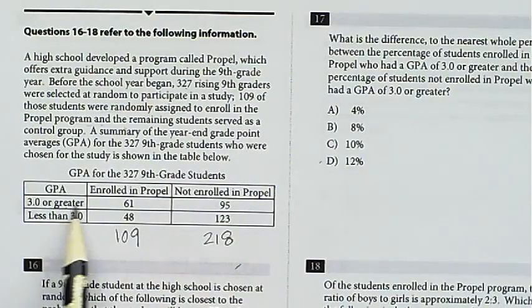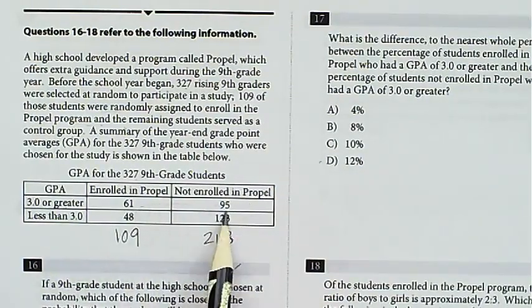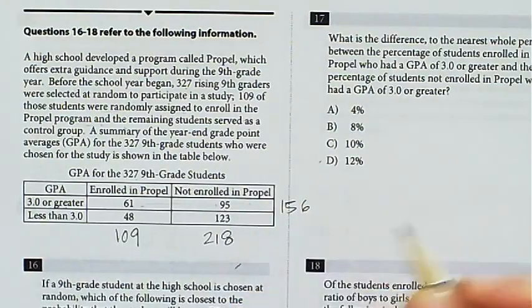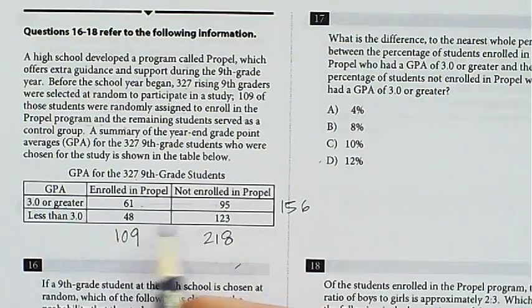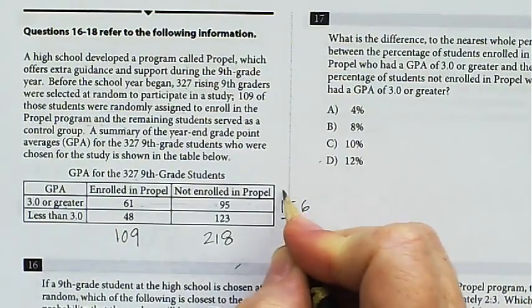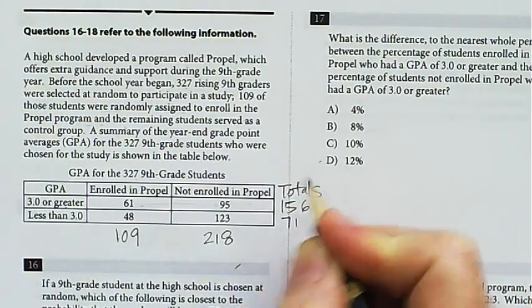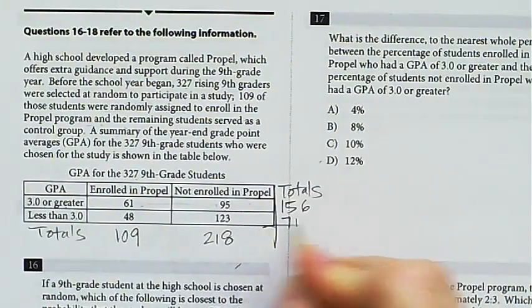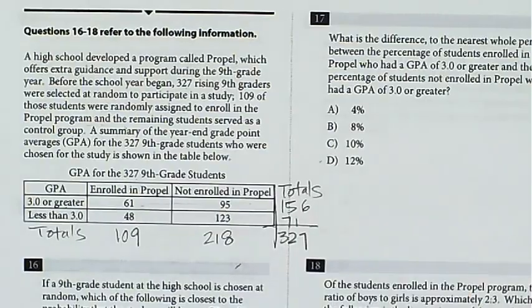Okay, I'm going to do a total for 3.0 or greater. So 61 and 95 is going to be 156, and then less than 3.0, 48 plus 23 is 71. Okay, so I've got my totals here and here, and then the total for everyone is 327.